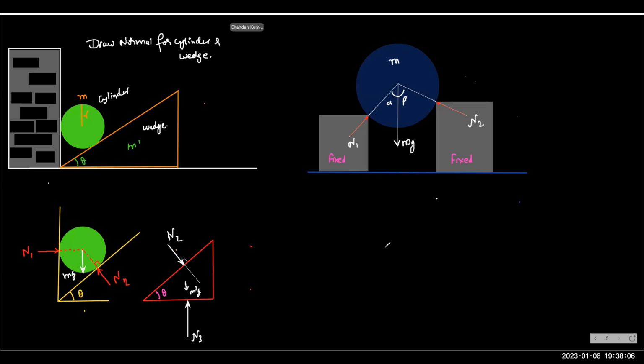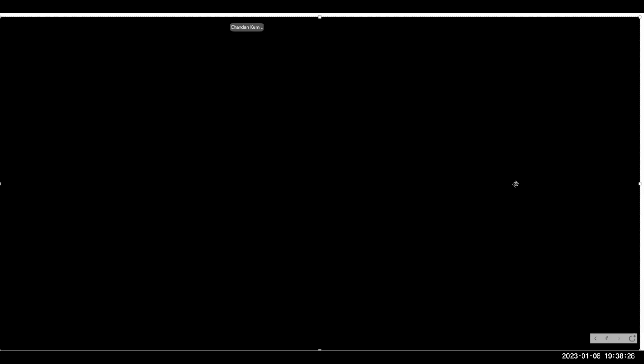Okay, how to draw the normal, how to draw the tension force. Gravity is pretty easy. You can just draw a vertical line, and it always acts towards the earth's center. That's vertically downward in most of the cases. So the next concept we are going to learn is how to draw a spring force. And what is a spring force? Okay, as a concept.